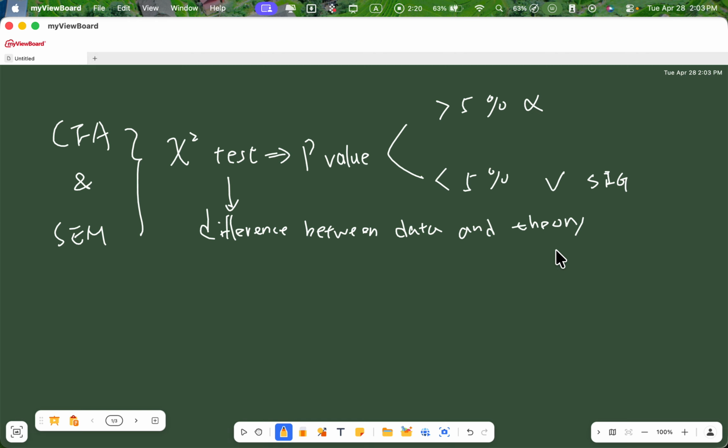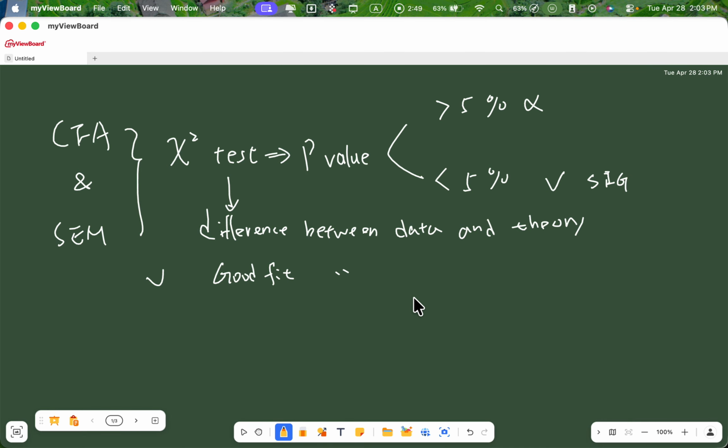So is it good or not good? Good. Data is different from theory. No? Okay. So you do not expect that data is different from theory. You expect a good fit between data and theory, right?